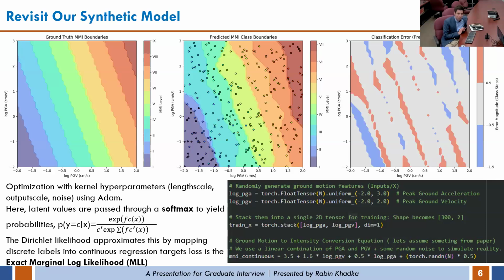Is it obvious to anyone what is the issue with how these dots are populated in space? Franco?